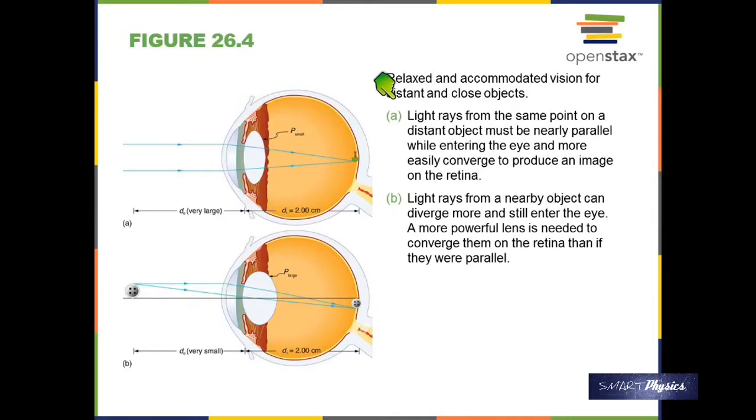All right. So when you're looking at objects that are close, it's called accommodative vision. You see the two words? Relaxed, you're looking at objects far away. Accommodated, you're looking at objects that are really close, maybe at the near point. That's the second diagram. You see that the object is very close, like at 25 centimeter.